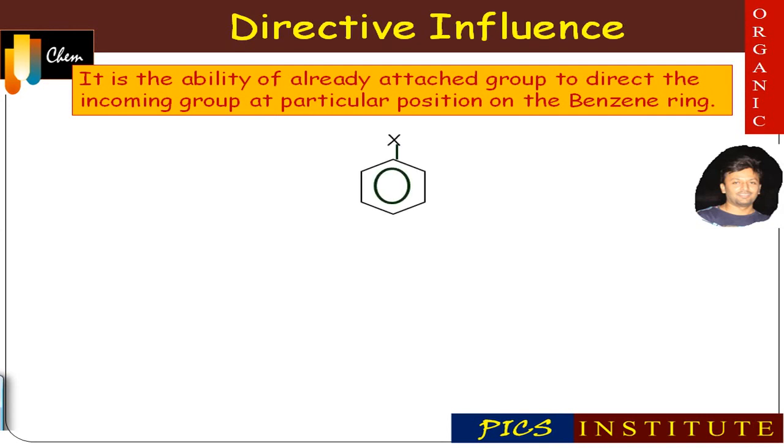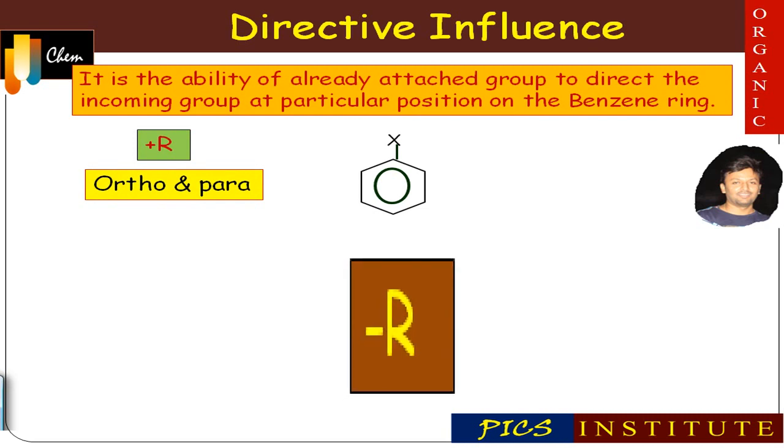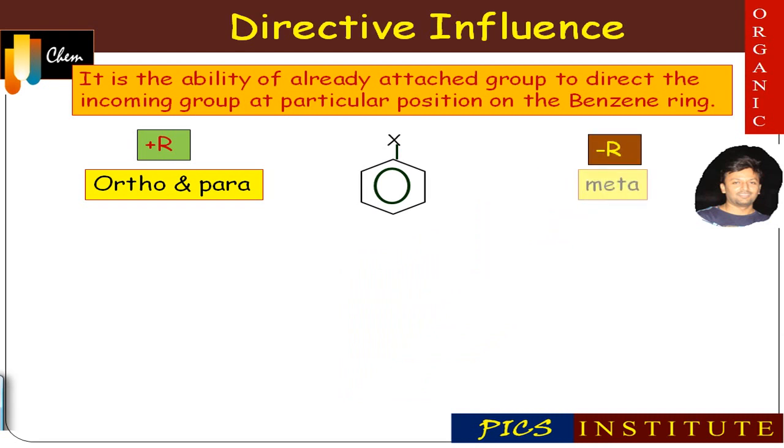For example, the reaction on this compound is determined by group X. If group X is +R, then the incoming electrophile will attack the ortho and para positions, and if this attached group is -R, then the incoming electrophile will occupy the meta position.